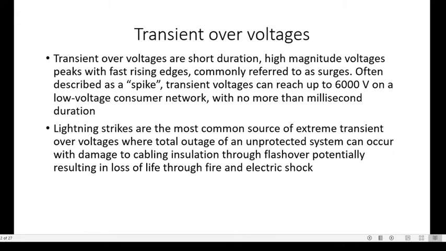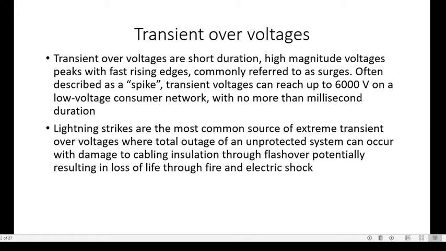So what is a transient basically? It is a sudden rise of a signal called a transient, or undesirable momentary deviation of a supply voltage or the load current, also known as the surges or the spikes.